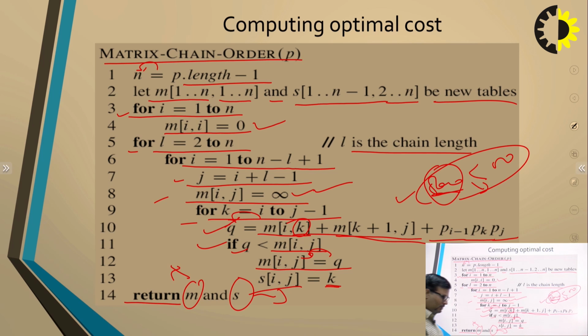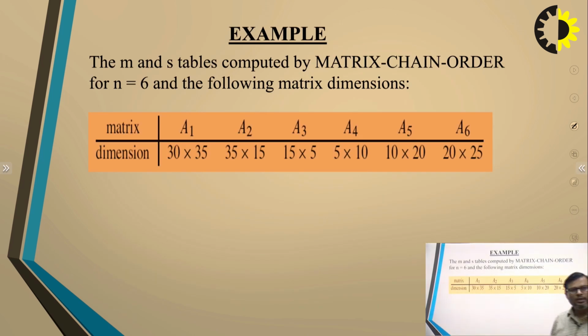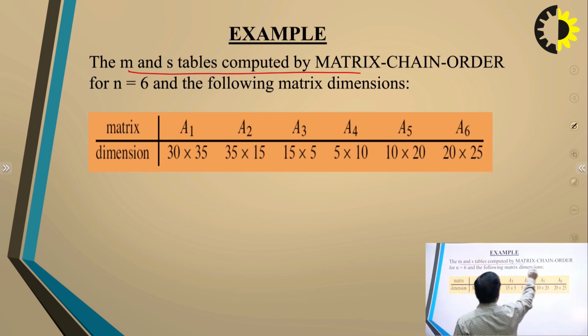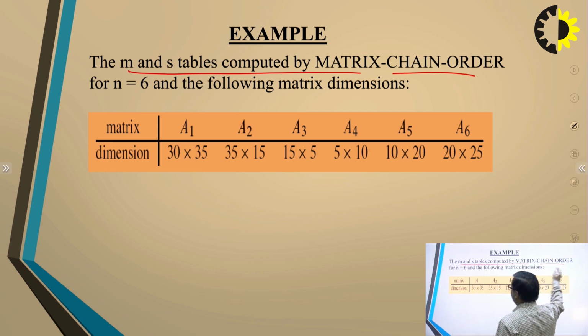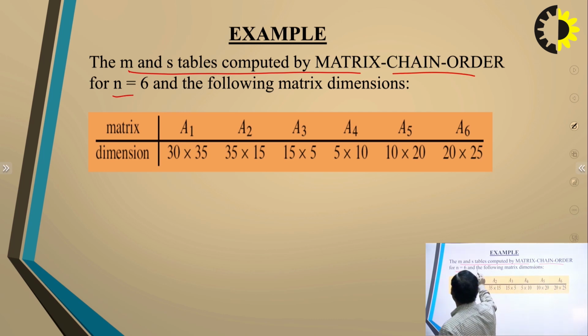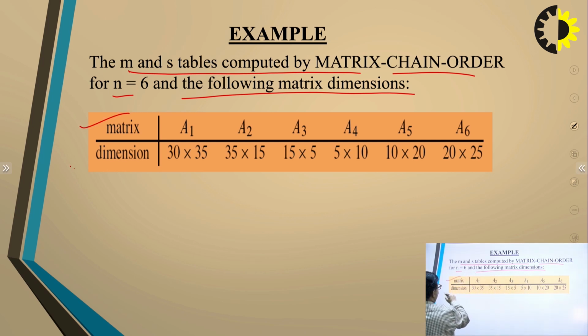Again we will consider one example, then we will be sure that it's a correct dynamic programming problem. So here is one example. M and S are tables computed by the matrix chain multiplication. Here n is equal to 6 and the following matrices have these dimensions.